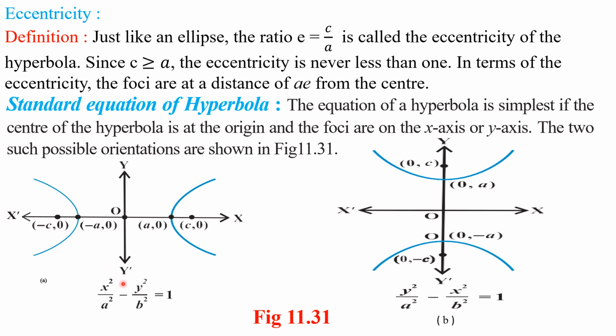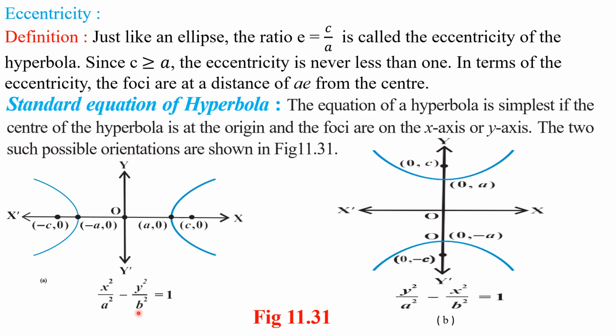Then the equation of the hyperbola is x square by a square minus y square by b square is equal to 1 in this first case. And vertices of the hyperbola are plus or minus a comma 0 and foci are plus or minus c comma 0. Okay, my children. Whereas in the case of 13.31b, the equation of the hyperbola is y square by a square minus x square by b square is equal to 1. Please remember these equations, my children.